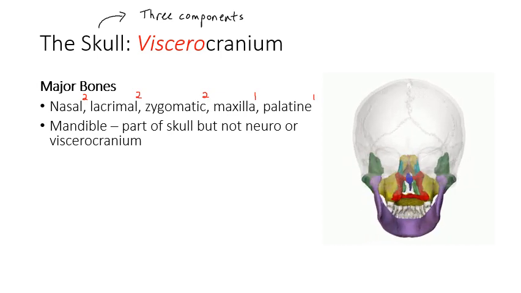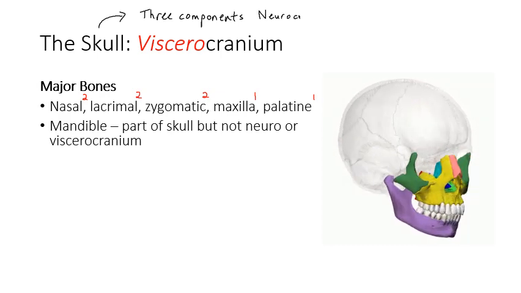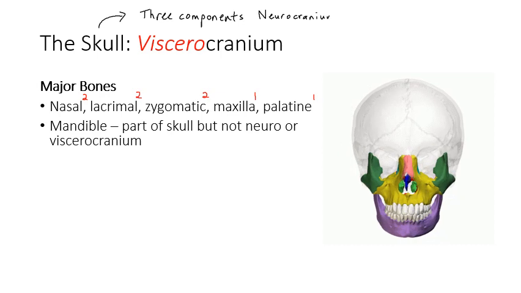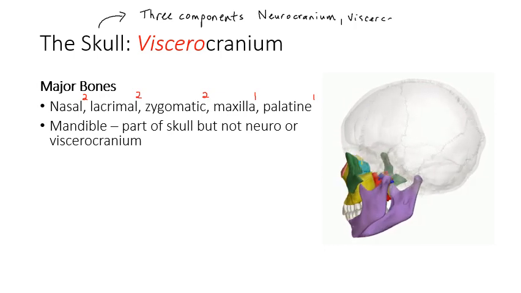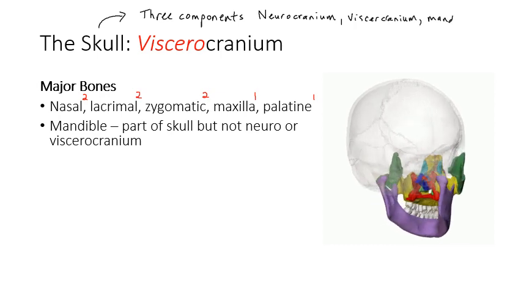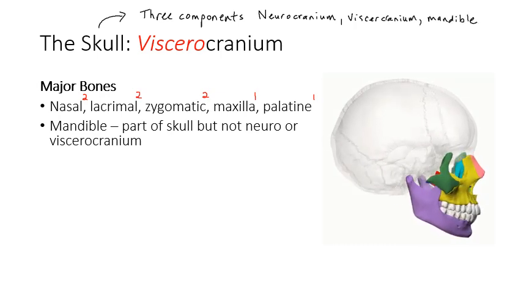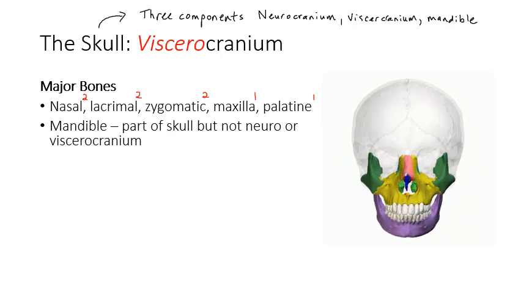With respect to the skull, we have the neural cranium and all the bones that we find in that. We have the visceral cranium and the mandible.